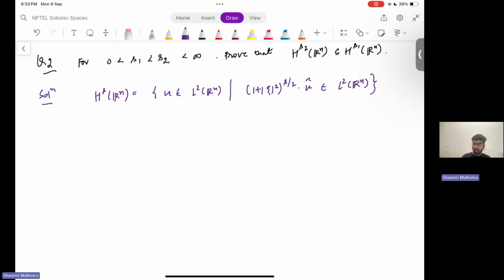So that's what we have to prove. We start with u in H^s2(R^n), and we will eventually show that this is in H^s1(R^n).